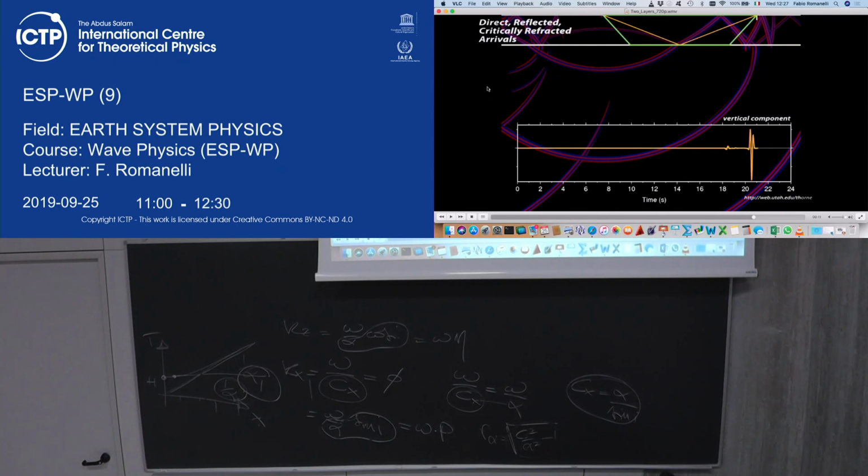But remember that, for example, this line here is nothing else than the ray that is pointing to the direction of the reflection that was arriving at that receiver. This line here is just telling us that there was the direct that was arriving there. And then this one was already arrived.